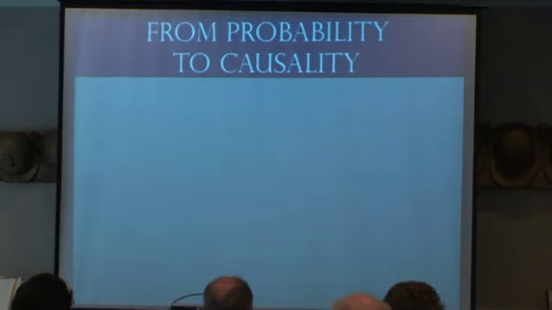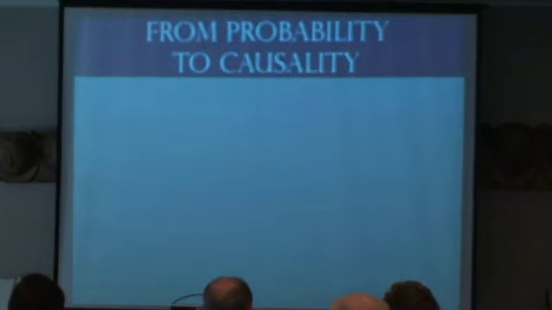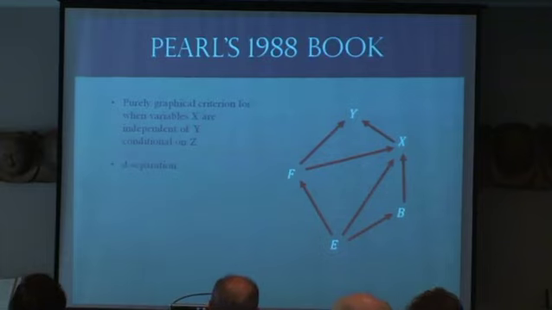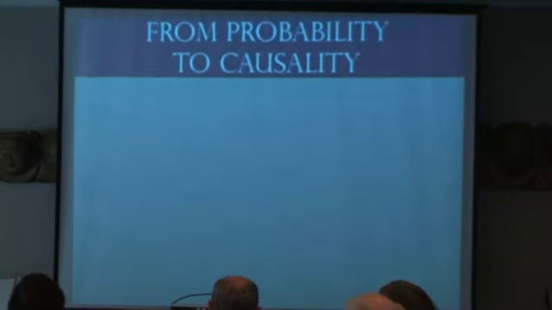But I guess I could have called this the revolution of 2000, but really the revolution started well before 2000, in the late 80s. You just started to think of these graphs, instead of just as encoding information about probabilities, in causal terms, as representing causal relations.